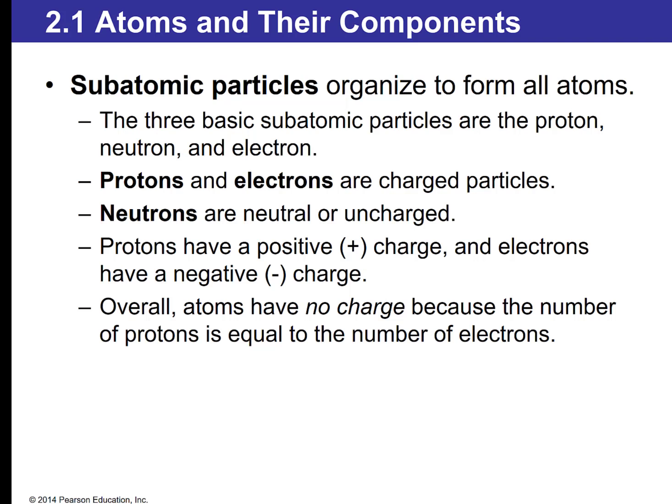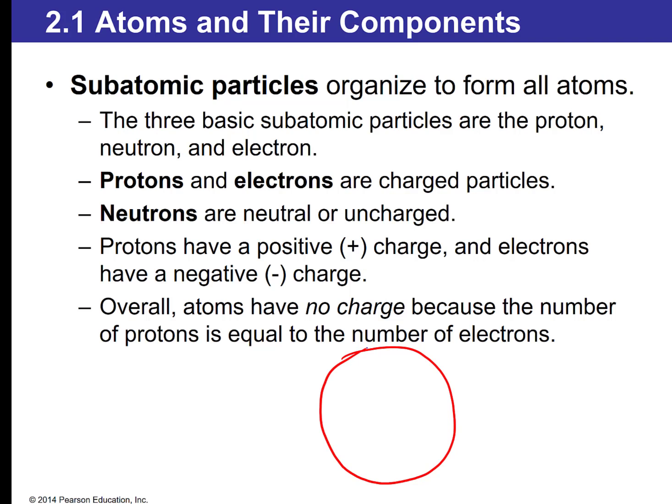In doing studies on the atom, they came up with these subatomic particles. Subatomic just means these are the particles that make up the atom. There are actually smaller groups of subatomic particles, like leptons, that we're not talking about because we don't need them for what we're going to be using them for.